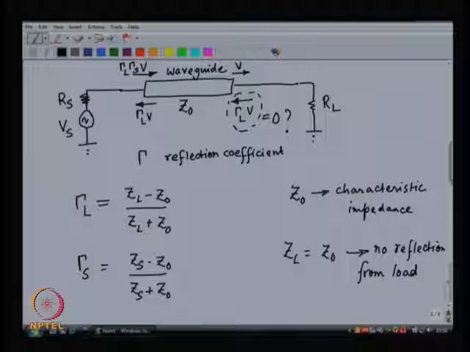Now, you do not want this reflected signal to reflect back again. So, you do not want to keep having reflections and allowing echoes to happen. Therefore, you want gamma s also to be equal to 0. What does that mean? If gamma s is going to be equal to 0, then Zs has to be equal to Z0.